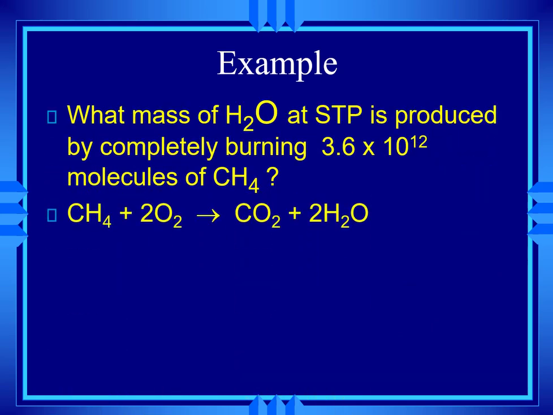Okay. What mass of H2O at STP is produced by completely burning 3.6 times 10 to the 12th molecules of CH4? So if you burn 3.6 trillion molecules of CH4, how many grams of H2O would you make?